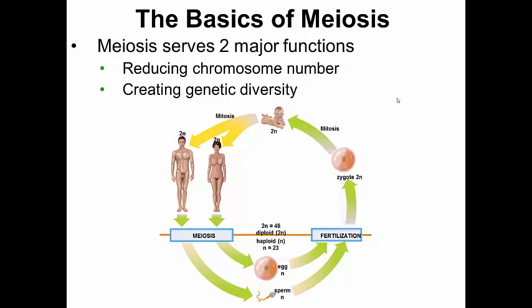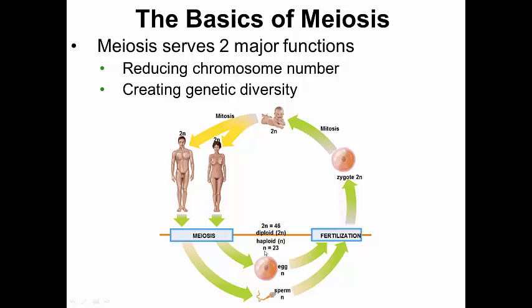We also want to make sure we're familiar with the terms diploid and haploid. If we look carefully at this diagram, we notice that diploid is represented by the abbreviation 2N. And this 2N equals 46 means that the diploid number of chromosomes in the case of humans is 46. Haploid is represented by the lowercase letter n.